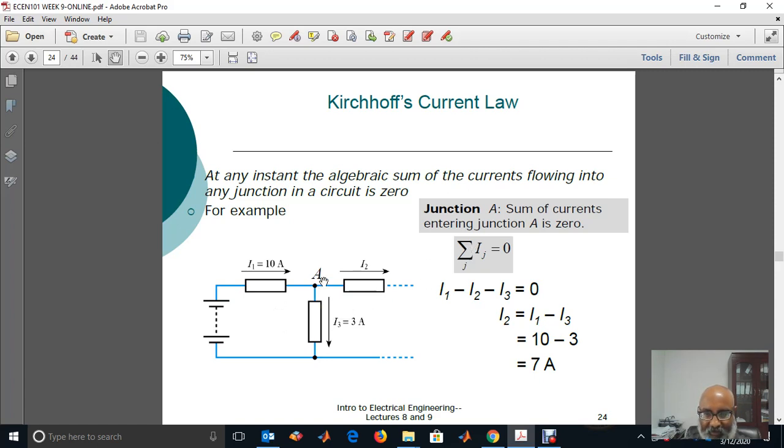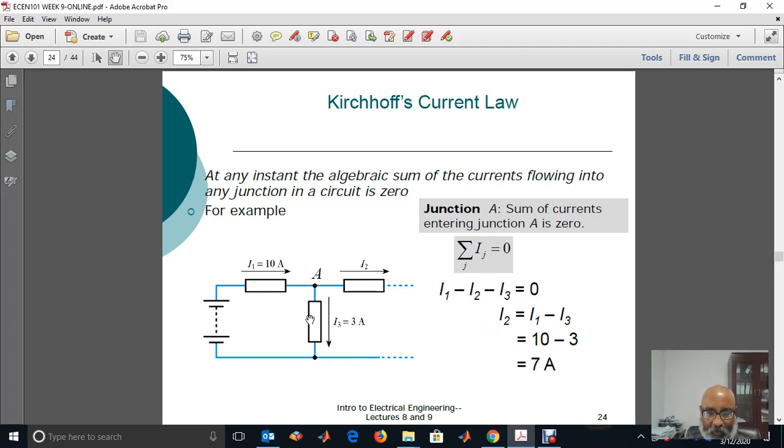So, for example, the total current entering junction A is equal to 0. In this example, the current entering is considered positive. I1 is positive, that means I2 is negative, and I3 is negative. So I1 minus I2 minus I3 is equal to 0.